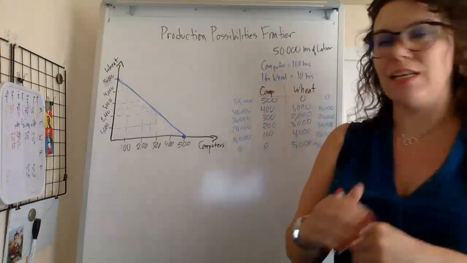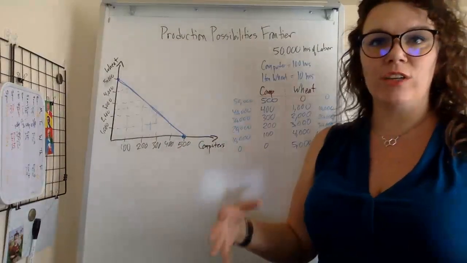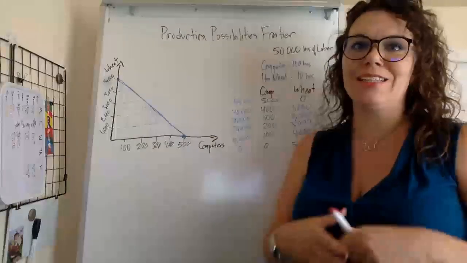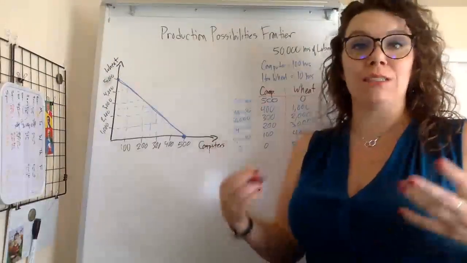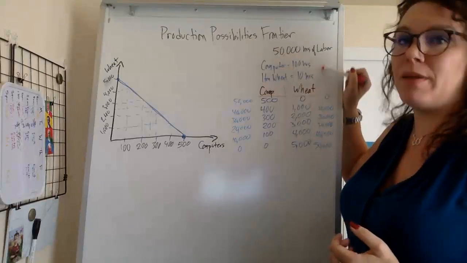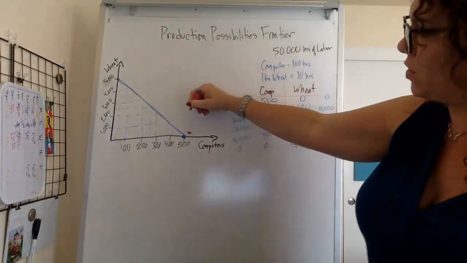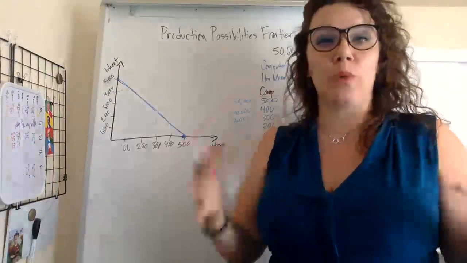The first thing is that the production possibilities frontier, this line, is the frontier, the maximum, the limit, the total potential for our production possibilities. Given how much labor we have and how much labor it costs to make these two things, these are all the possible combinations of computers and wheat that we could produce.